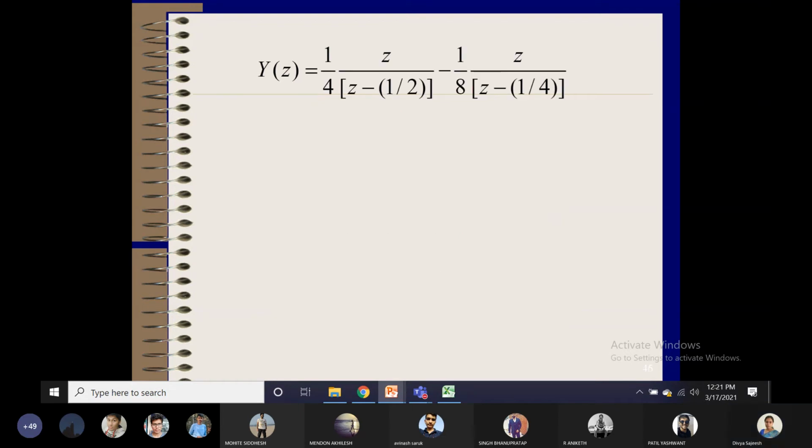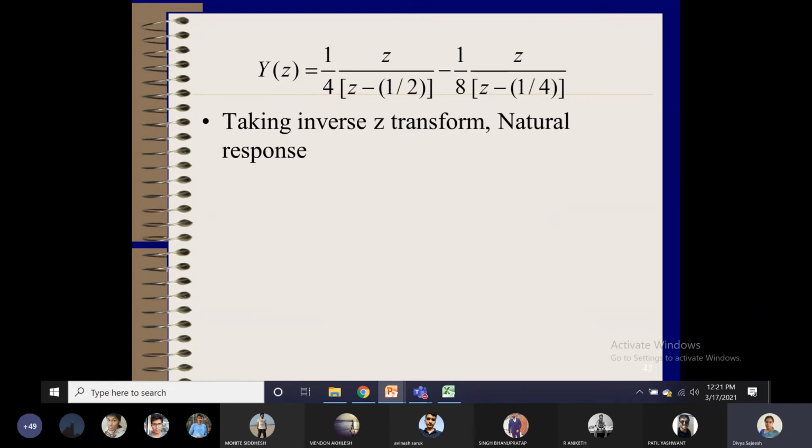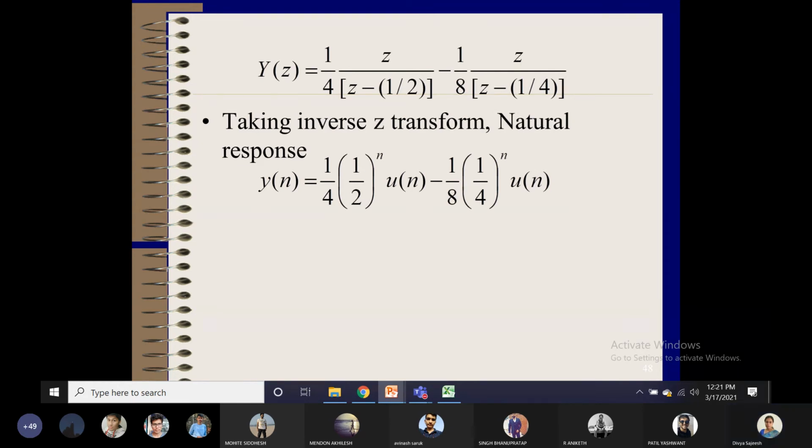If you apply the inverse Z transform, the natural response of the system y of n will be equal to 1/4 (1/2) raised to n u of n minus 1/8 (1/4) raised to n u of n. So the poles are half and 1/4. This is the natural response of the system, that is, we are not applying any input, only taking the initial conditions of the system.